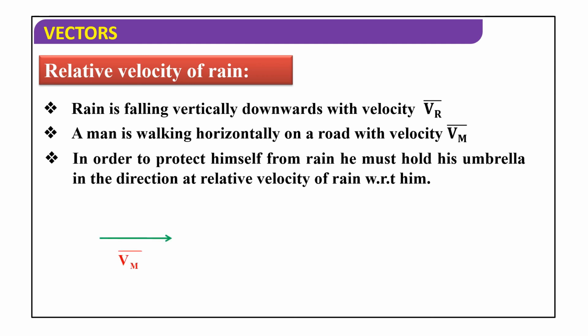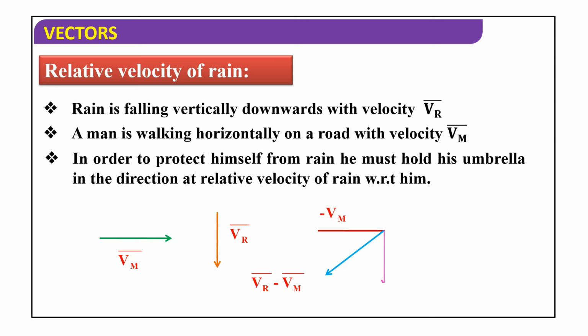So this is the Vm, and this is the VR bar. Rain is falling vertically downwards with velocity VR bar, and a man is walking horizontally on the road with Vm bar. This is the velocity with respect to the man, and this is the velocity with respect to air. So the resultant of this is VR bar minus Vm bar.